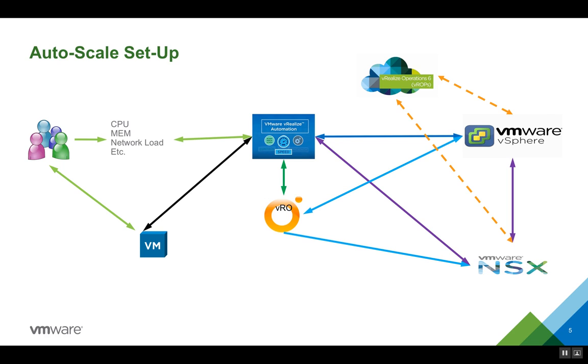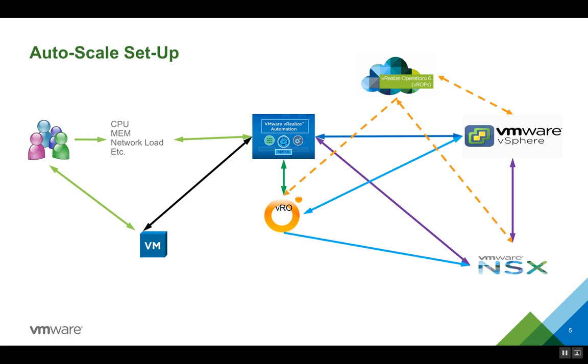One added component that we will add is vRealize Operations Manager. It is not a mandatory setup. We can work with vCenter server as well, but with only vCenter server, the number of choices that you will have will be limited. So it's better to use vRealize Operations Manager, so that the entire parameters for your scaling up and setting your auto scale will increase, right?